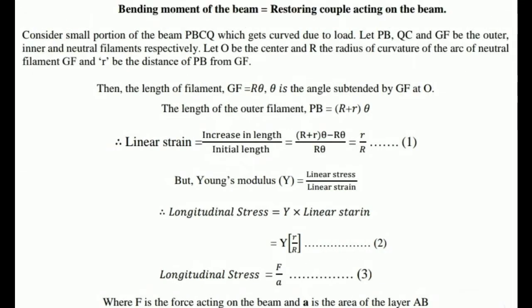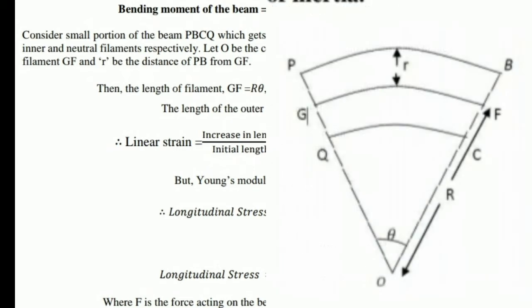In the next step of the derivation, the bending moment of a beam is equal to the restoring couple acting on the beam. Let us consider a small portion of the beam, which we take as PBCQ, which gets curved because we applied W as a weight, or we can say a load.